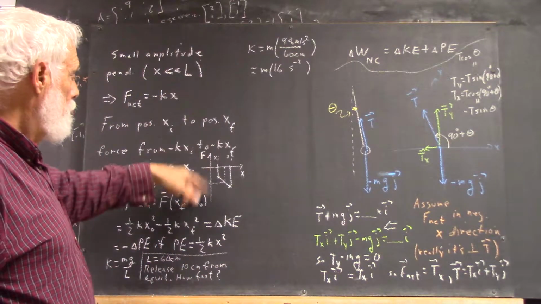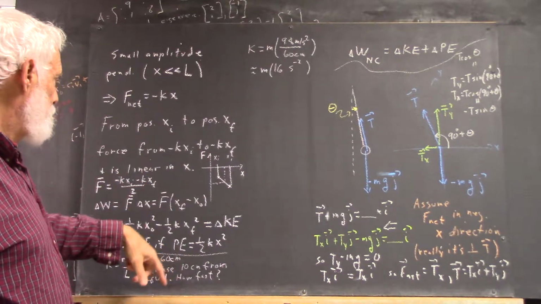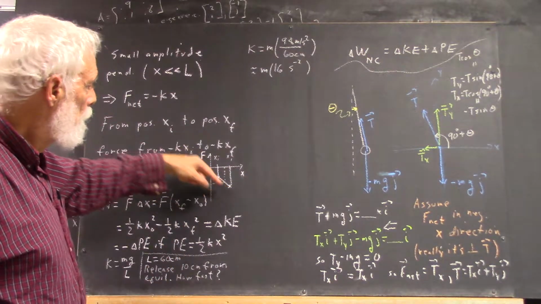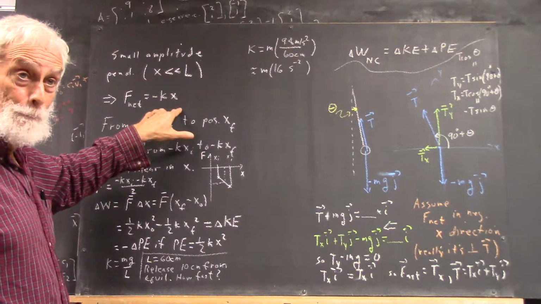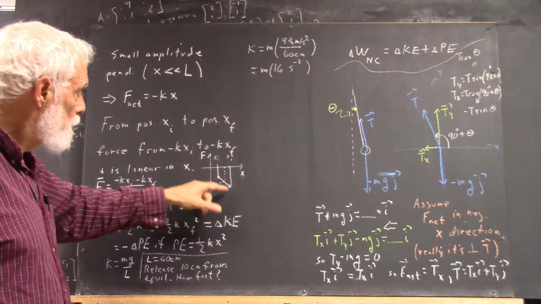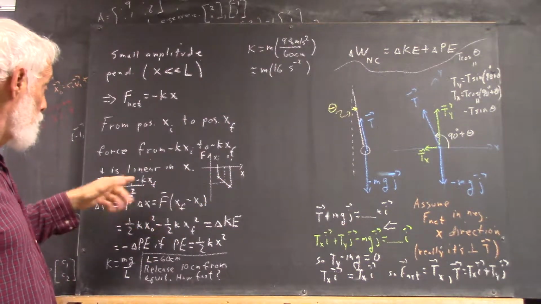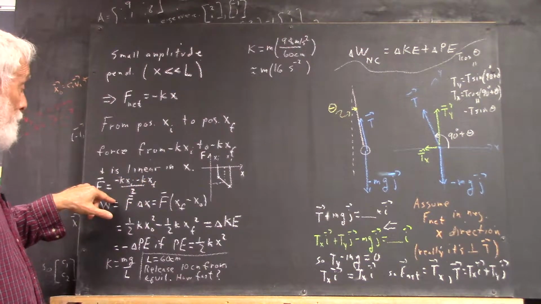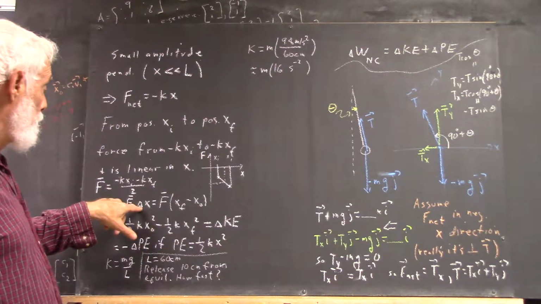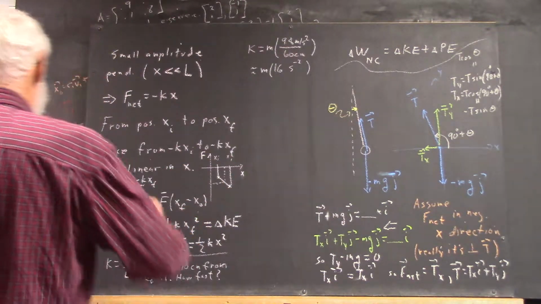Then we see that, according to this, we're going to have a linear force versus position graph because this is linear. Meaning that the average force is the average of the two forces, okay? We multiply that by the displacement from here to here, and we get the work done.